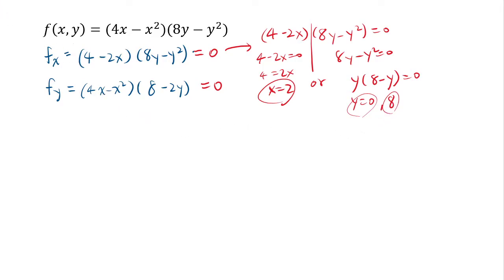You have to figure out what's going to happen for each of these cases. So we're going to have 3 cases. The first case would be when x is 2.